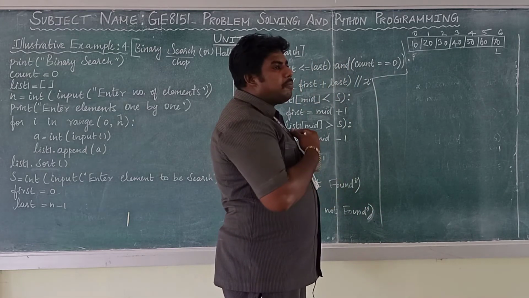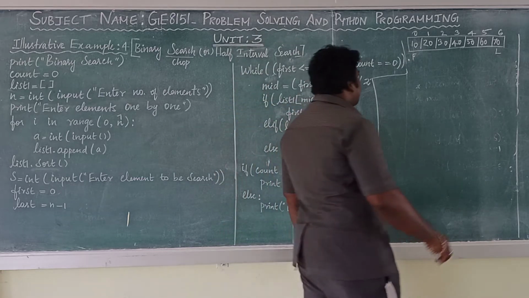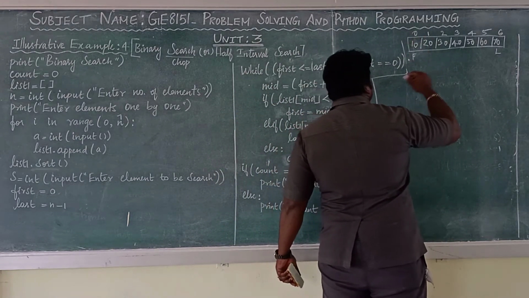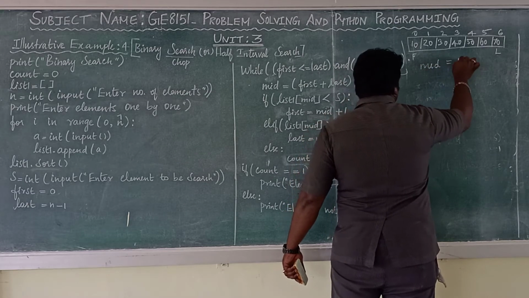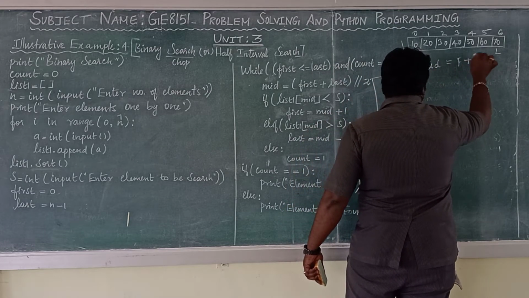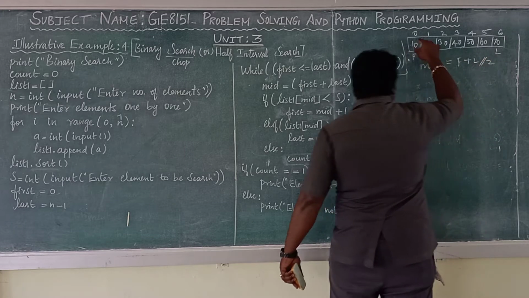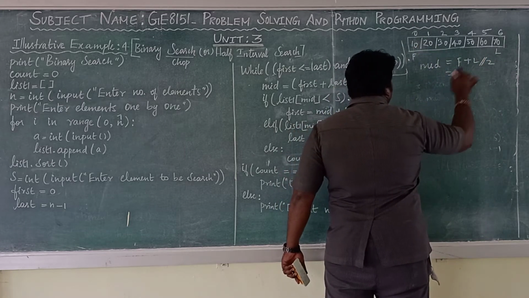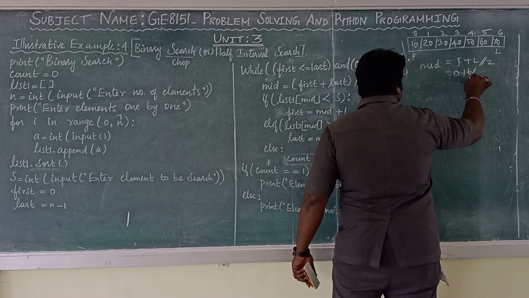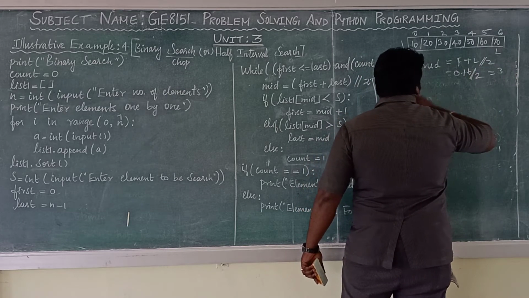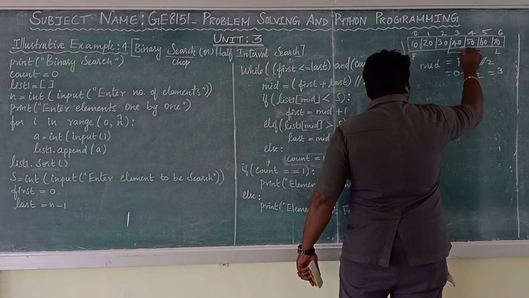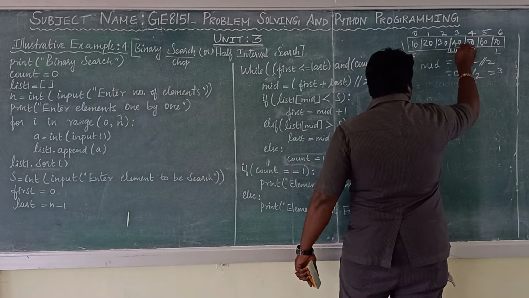For calculating the mid, you have to know the first and last. Mid equals first plus last floor division 2. The first index is considered as first and the last index as last. What's the mid now? 3. So this 40 is considered as mid.